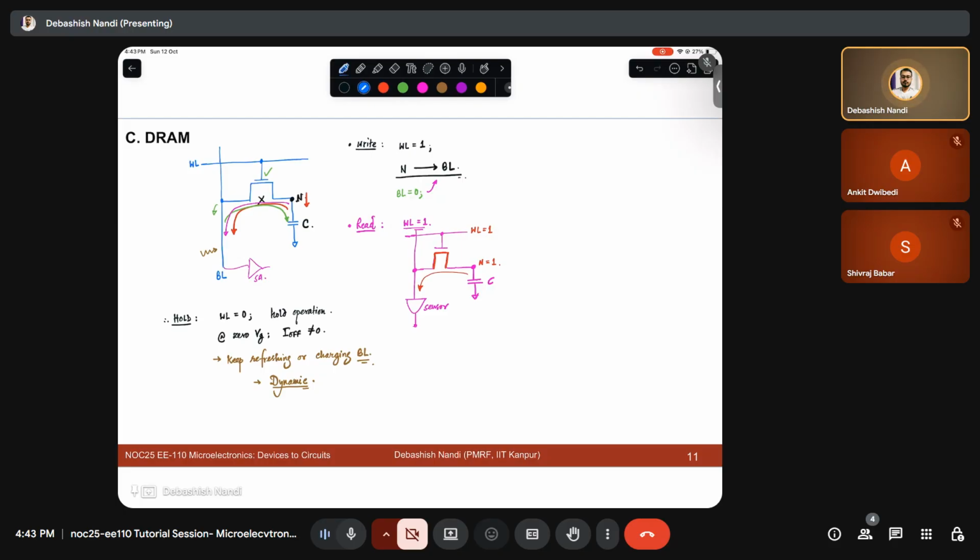So that is why after the read operation, the value at the node will get disturbed. Okay, so this is called destructive reading.